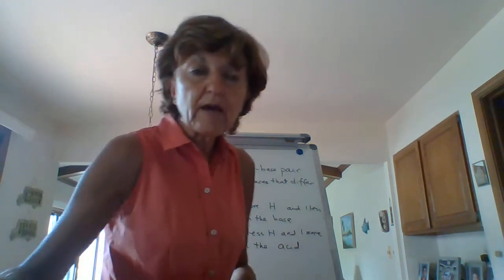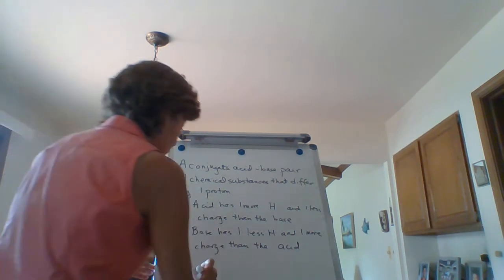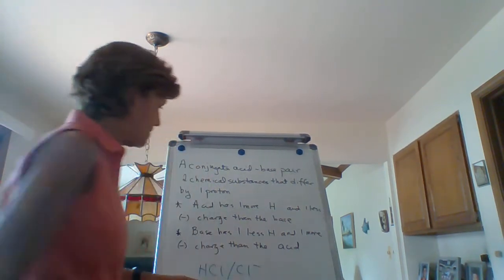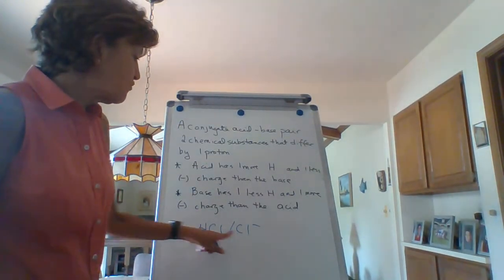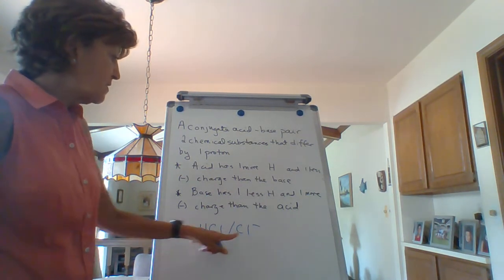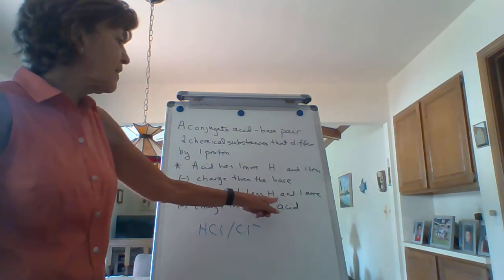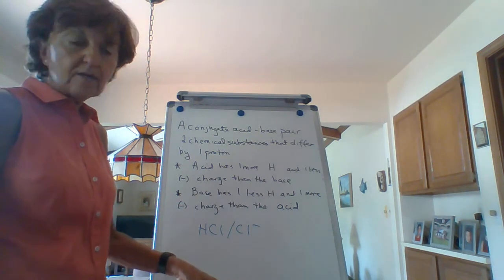And you saw that when we did the example, HCl and Cl minus. The acid has one more hydrogen than its conjugate base and one less negative charge. The base has one less hydrogen and one more negative charge than the acid.